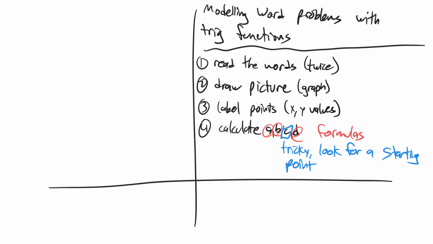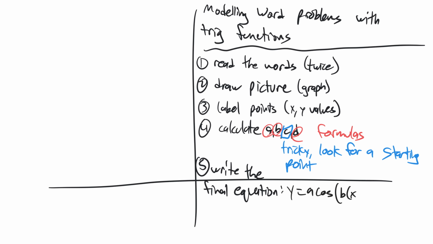And then step 5 is you write the final equation. Again, usually it's going to be y equals A cos B x minus C plus D.